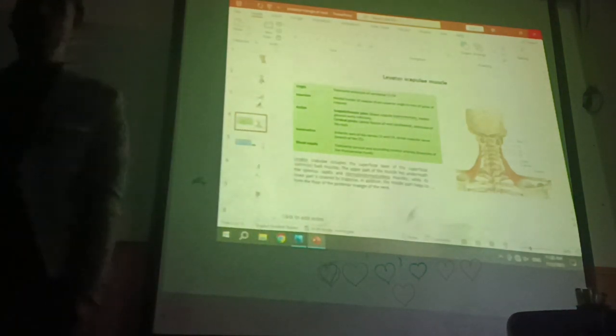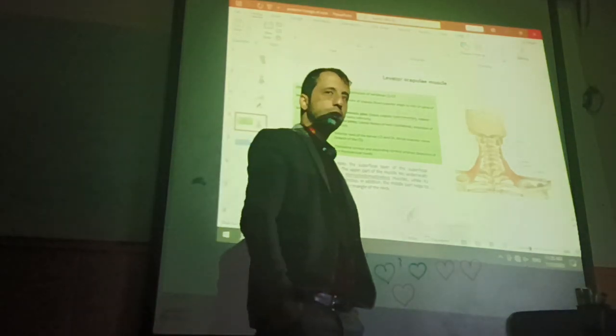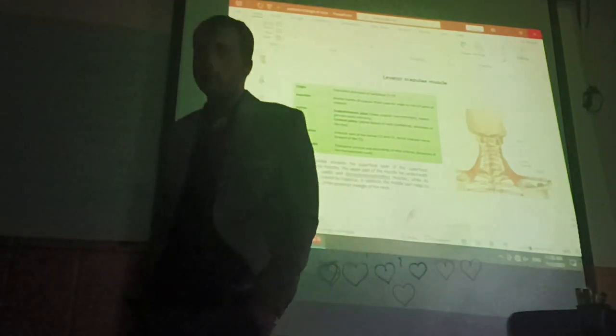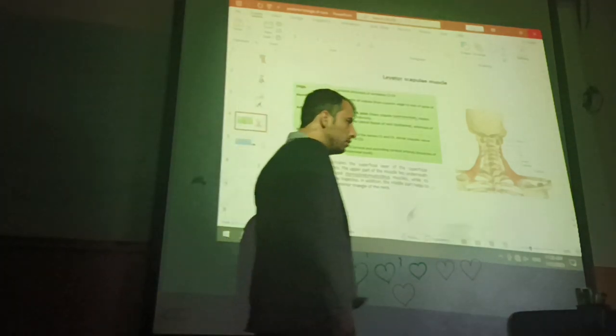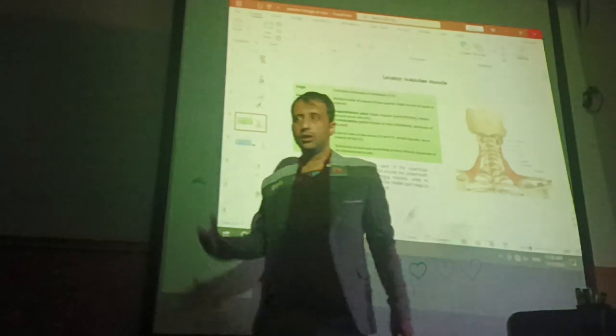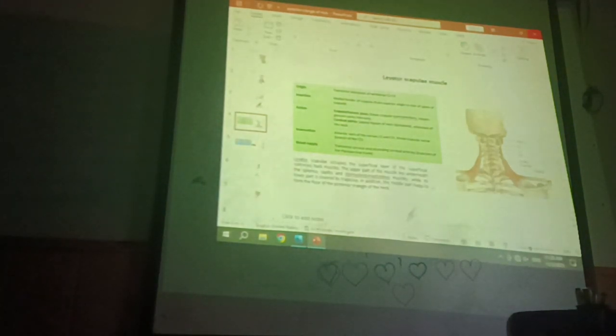What is the innervation of levator scapula? Spinal accessory? No, look at the slide. Levator scapula is innervated totally by the dorsal scapular nerve.